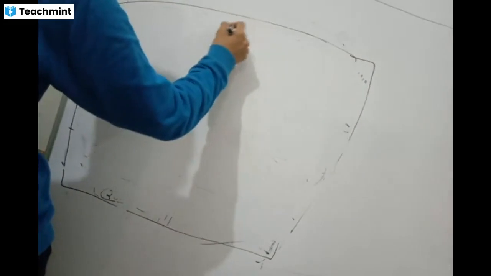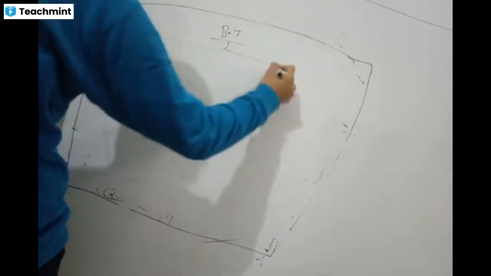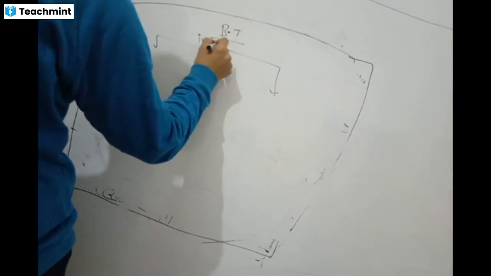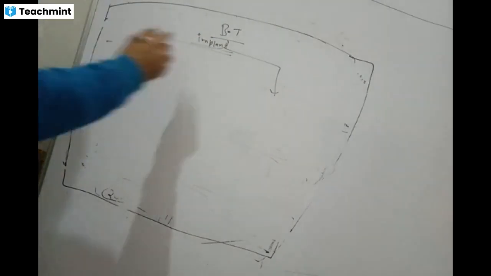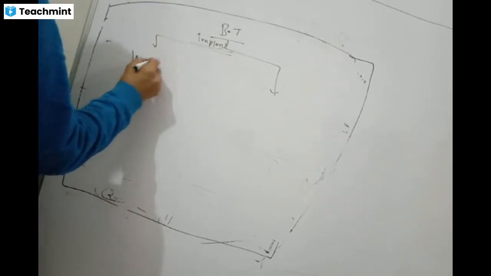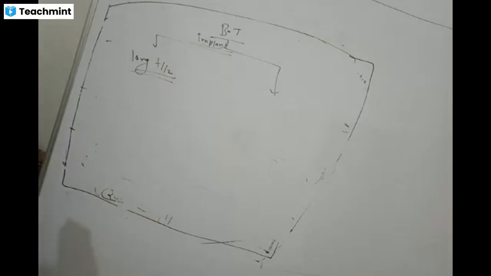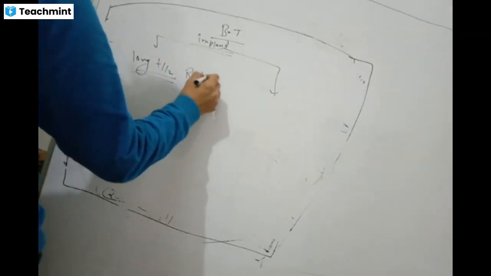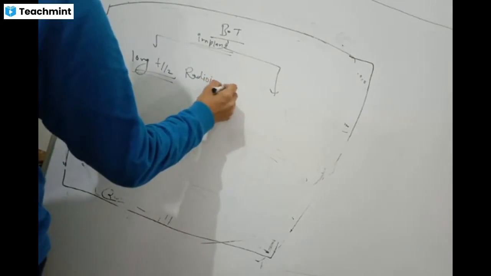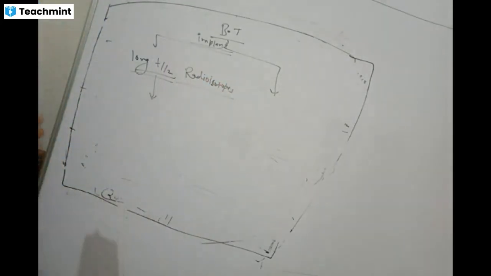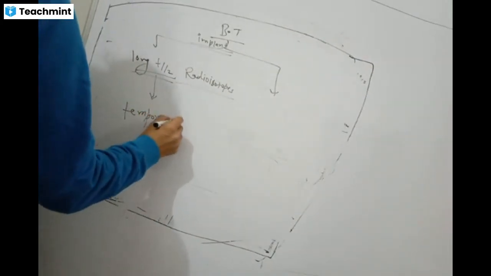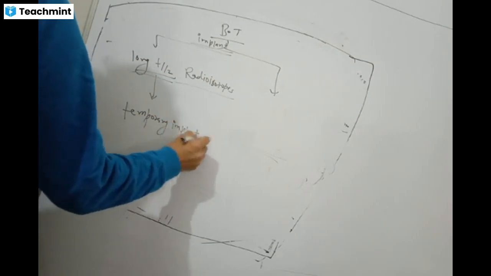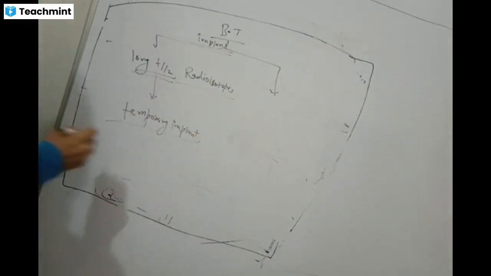Then in brachytherapy, these implants can be used in two manners. Those radioisotopes which have a long half-life are used as temporary implants.